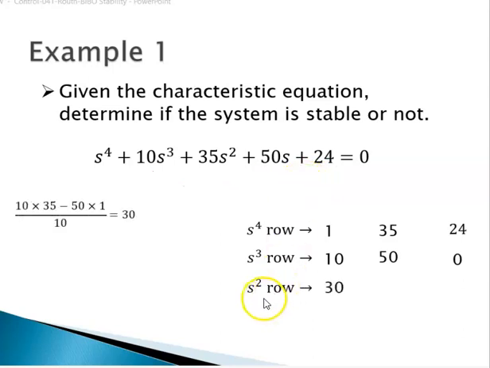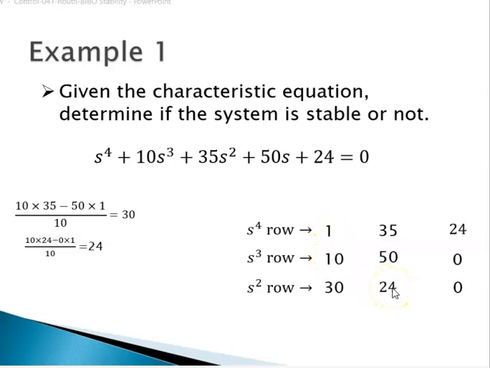Then the s square row: 10 multiplied by 35 minus 50, divided by 10. 350 minus 50 is 300, by 10 is 30. That 30 comes here. Then you have 10 multiplied by 24 minus 0 multiplied by 1, divided by 10.